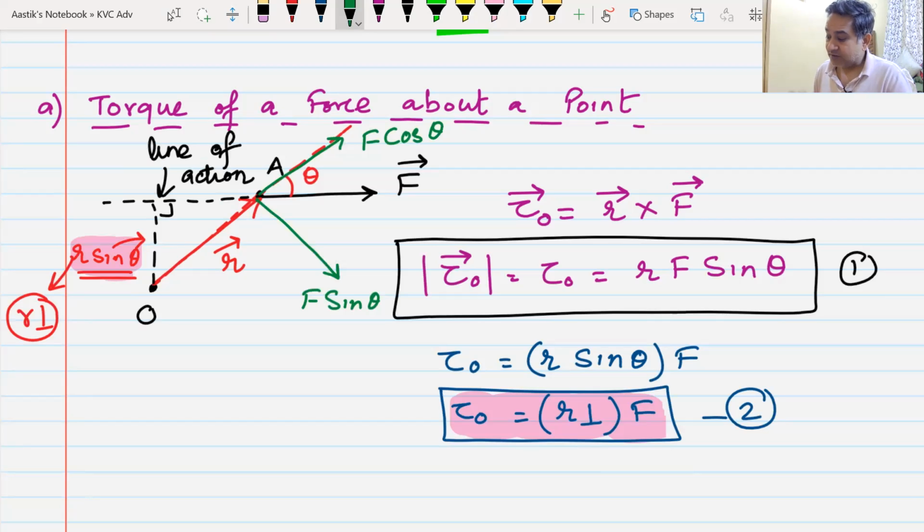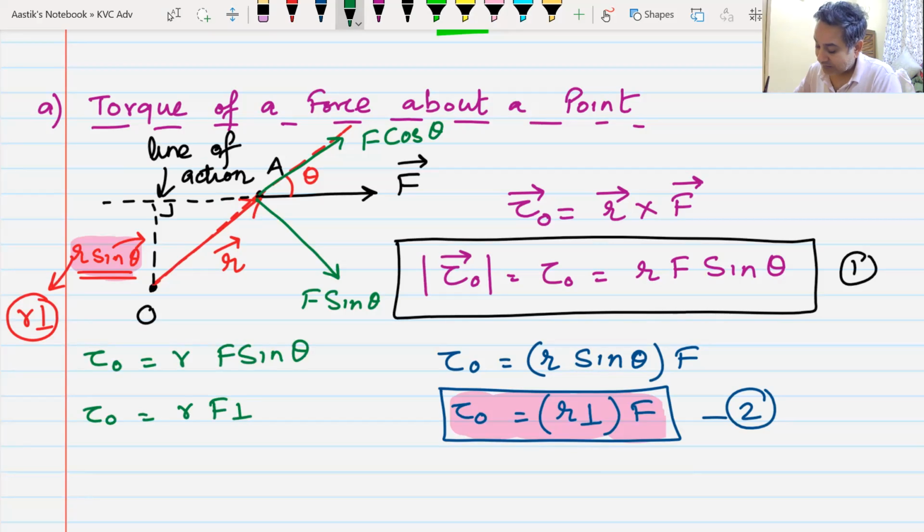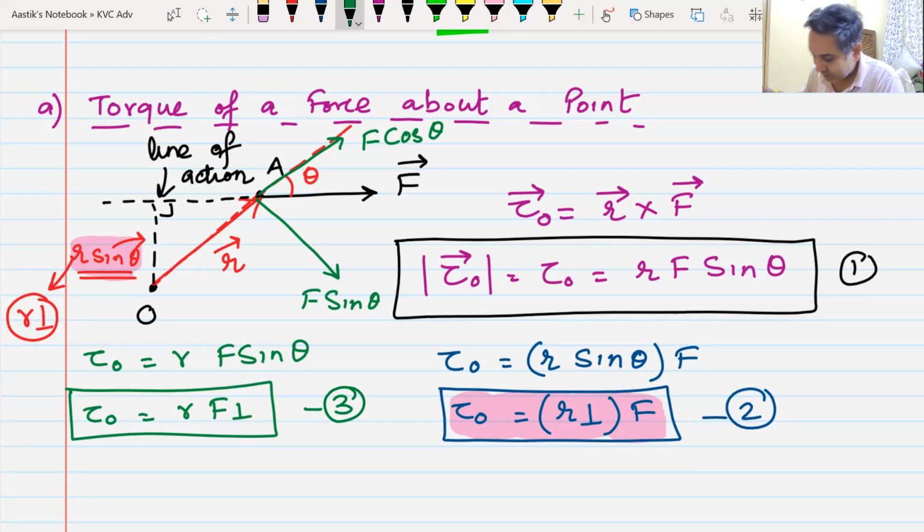Now this F cos theta component passes through the point O. It will not produce any torque. But this F sine theta component is going to produce torque. So I can write tau naught as R into F sine theta. Or I can write this tau naught as R into F perpendicular. This is the third way of writing the same thing. Do we understand this? Yes, sir.